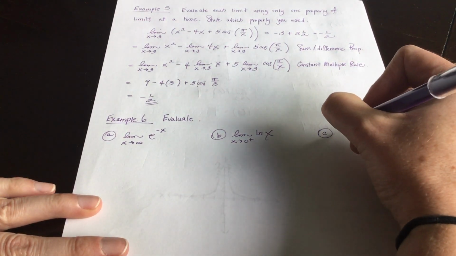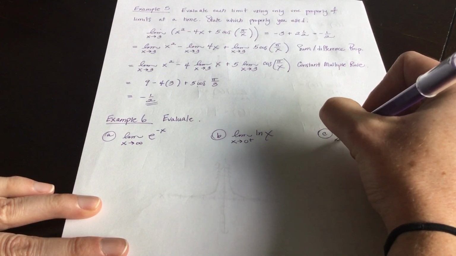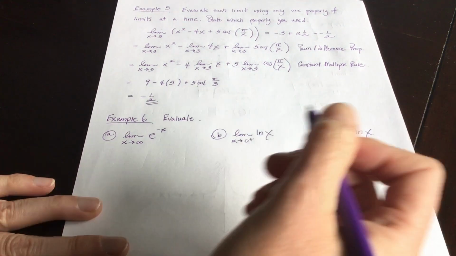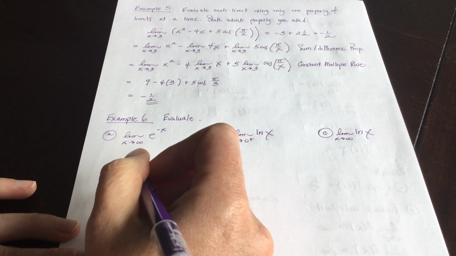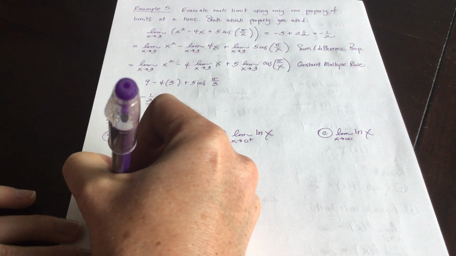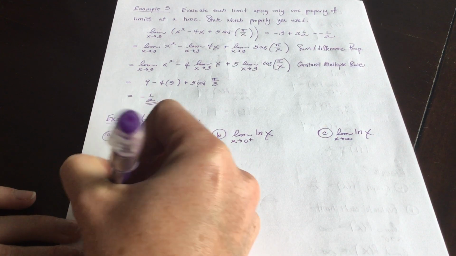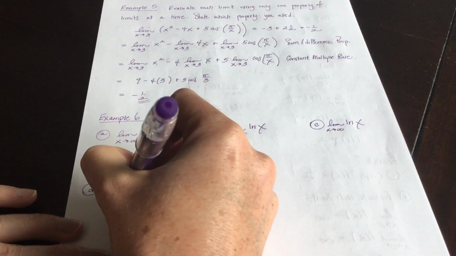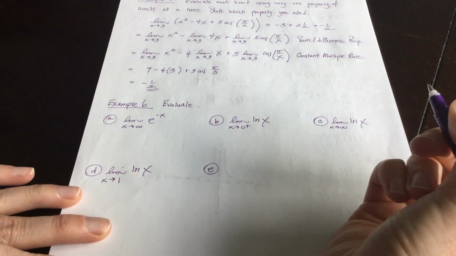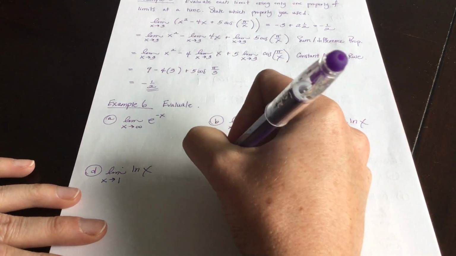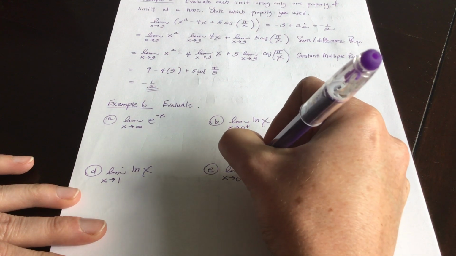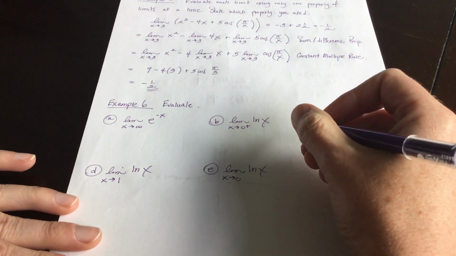Part C, limit as x approaches infinity of the natural log of x. Part D, limit as x approaches 1 of the natural log of x. Part E, limit as x approaches 0 of the natural log of x.